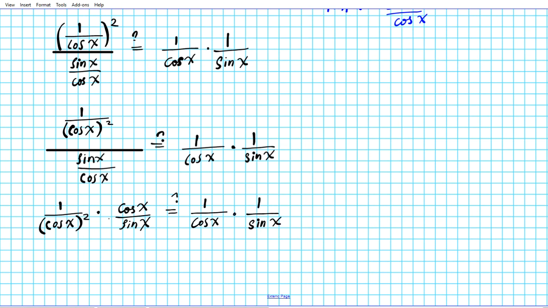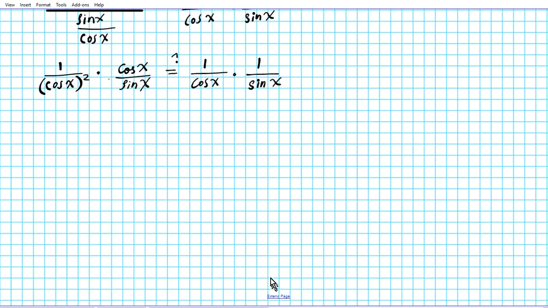Is it? Now on the left side, we can break this cosine squared x up. We can write that as 1 over cosine x times cosine x times cosine x over sine x. On the left side, you notice we can cross reduce.